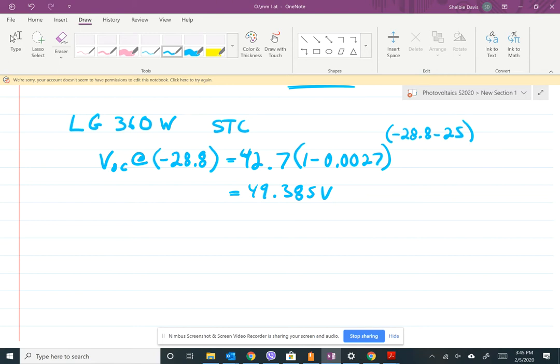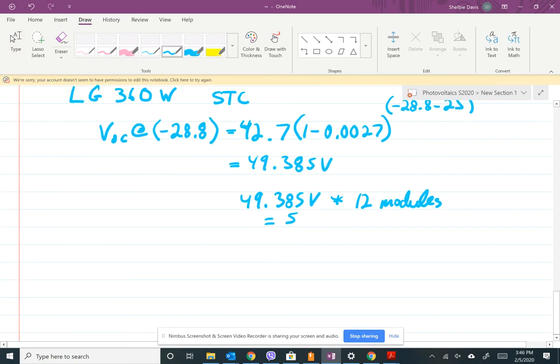That's kind of unfortunate. If it's STC, the reference cell temp is always 25.